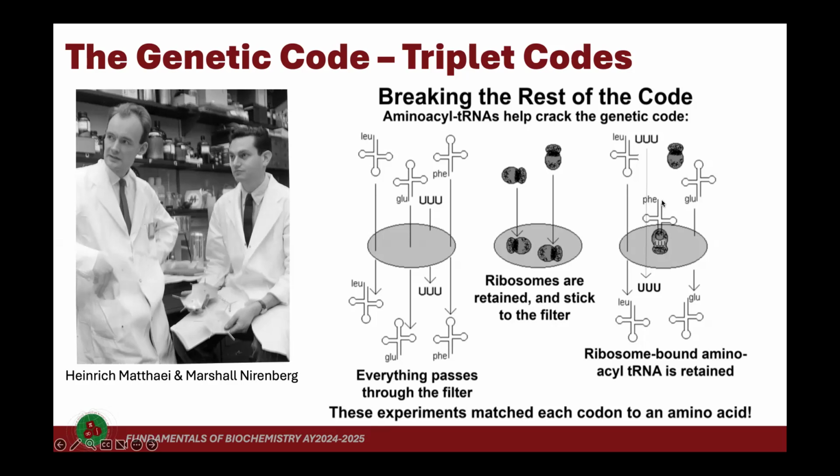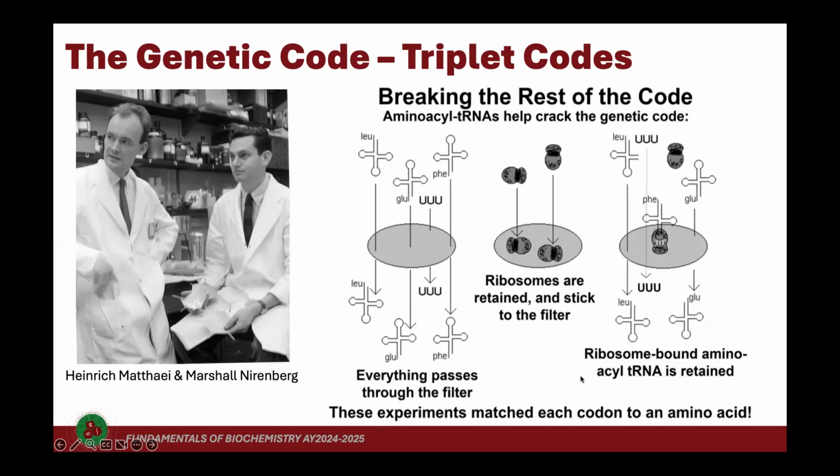And this tRNA, actually what they used was a tRNA molecule with the activated amino acids. Okay, so for example, here we see phenylalanine. So this is the tRNA for phenylalanine. And then this is the one that was retained in the filter when they used an artificial mRNA sequence of UUU.